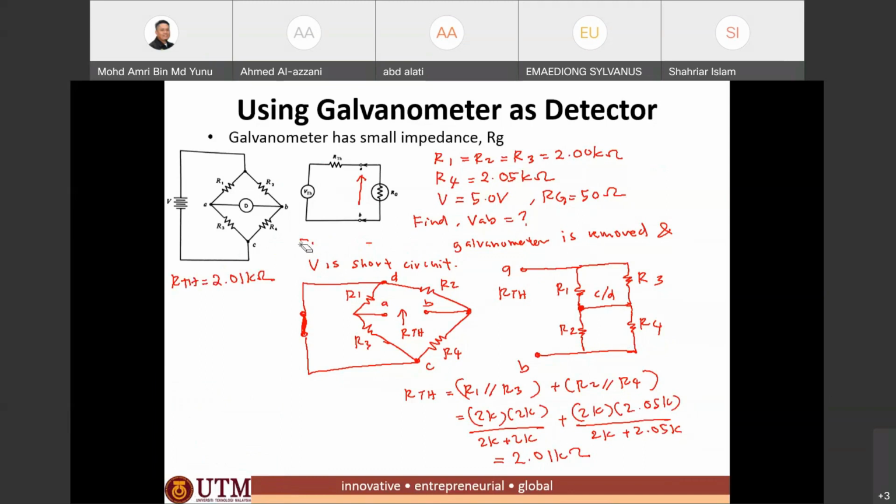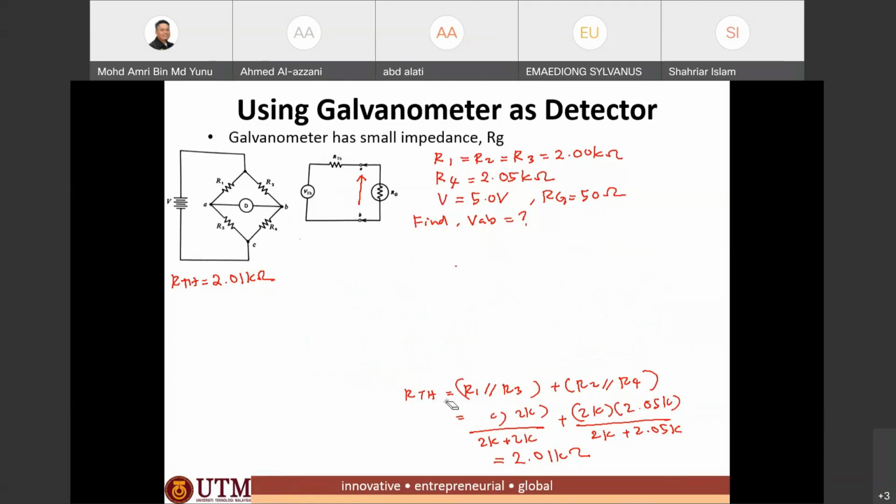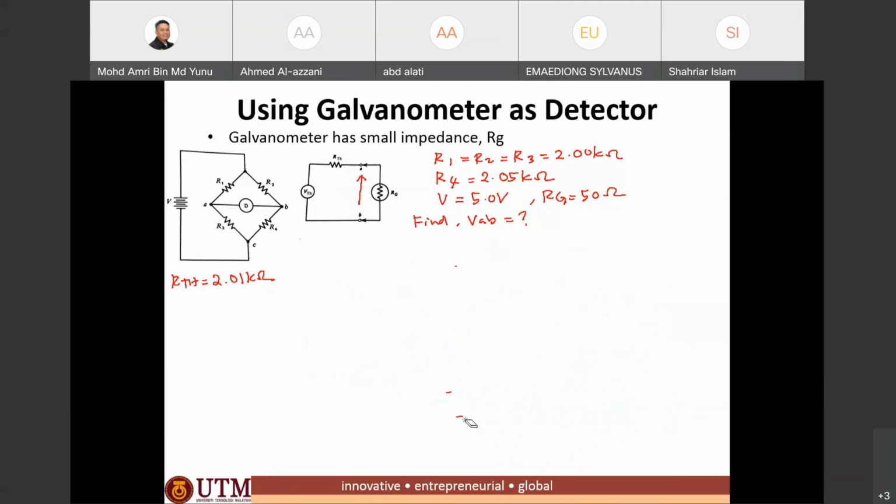And next we go to the second step. The second step is to find the Thevenin voltage, when the galvanometer is removed.